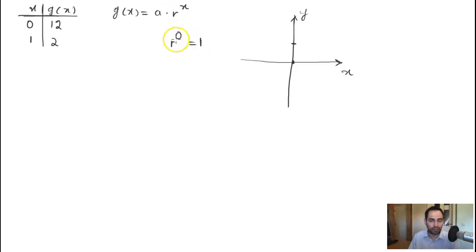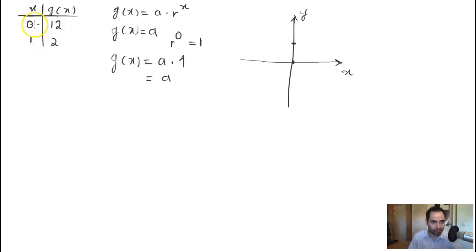At x equal to 0, g of x becomes a times 1, which is simply a. So at x equal to 0, g of x is equal to a, which is the value at which the function goes through the y-axis.